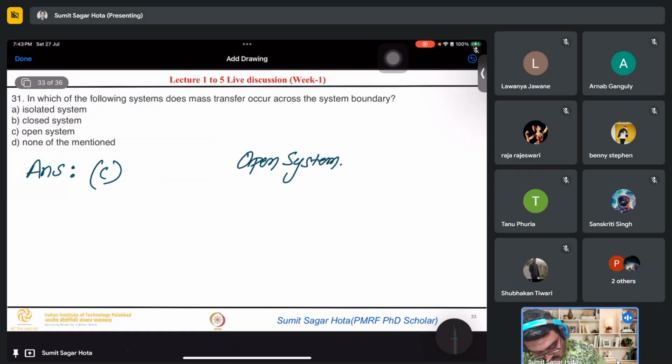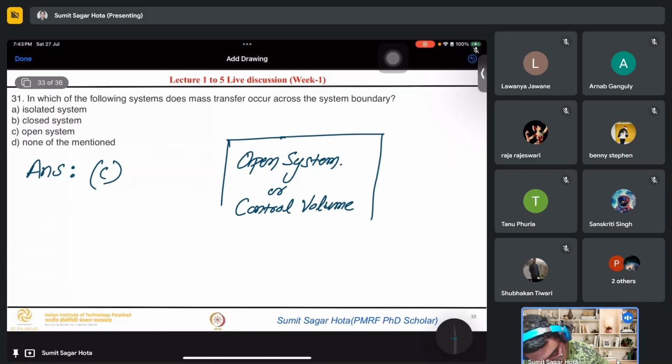The open system is also called as what? Control volume. Okay. So how to represent an open system or control volume?